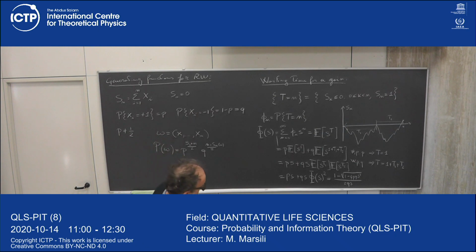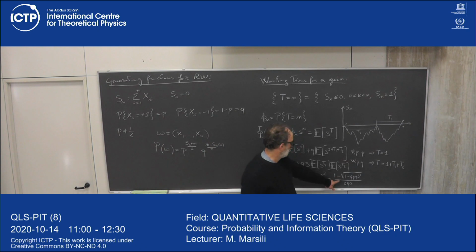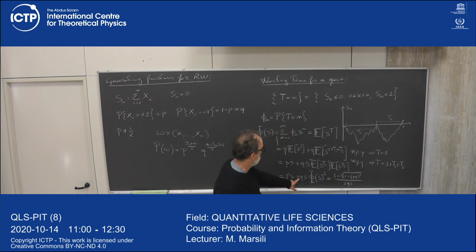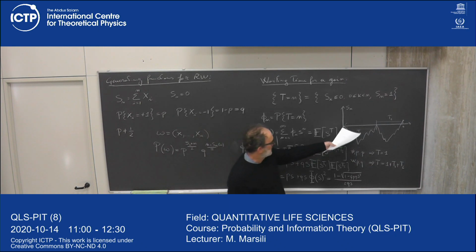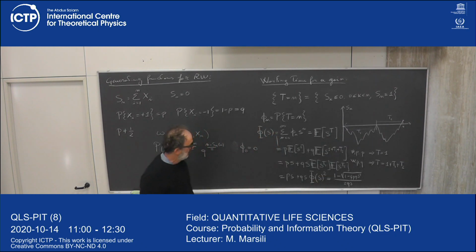Notice that when I solve a quadratic equation, I get two solutions, and I have to choose the one which is consistent with the properties of this problem. One of the properties is that the probability that T is equal to 0, phi of 0, must be equal to 0, because there is no probability that you get the first gain without even playing.